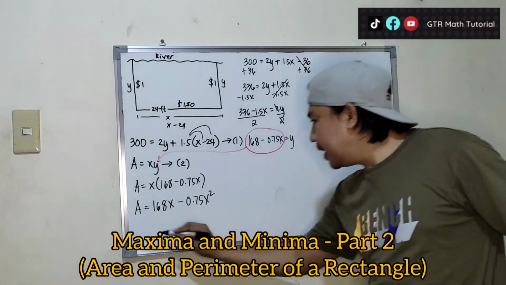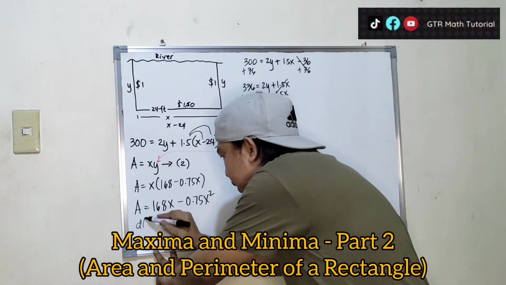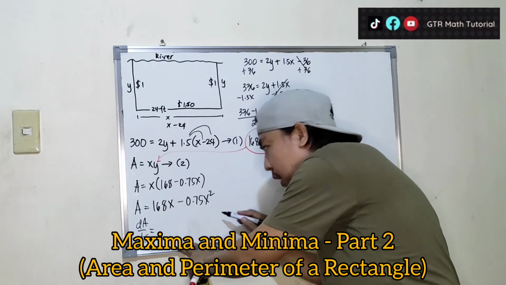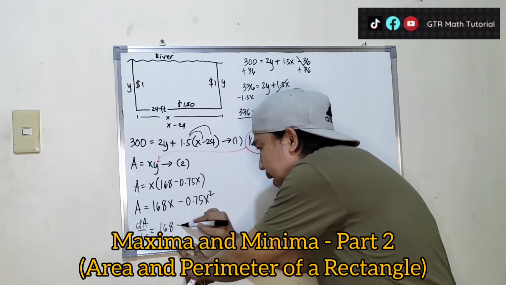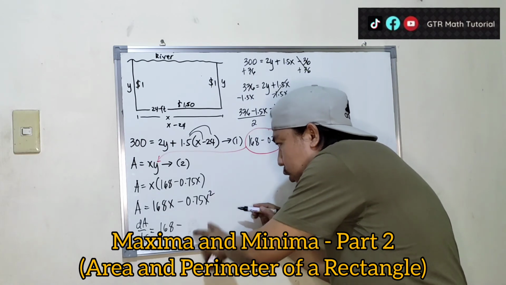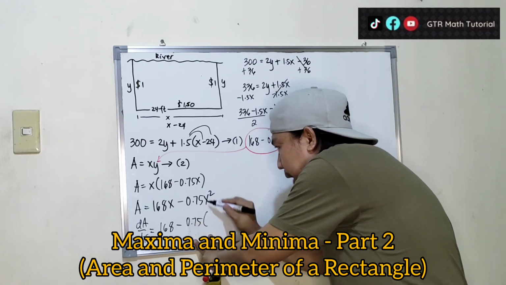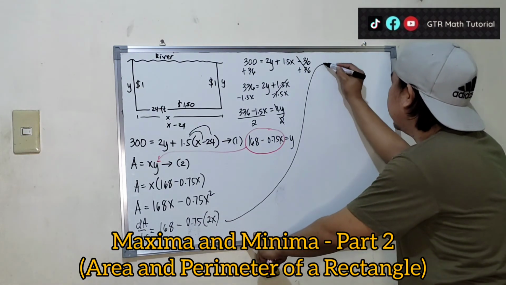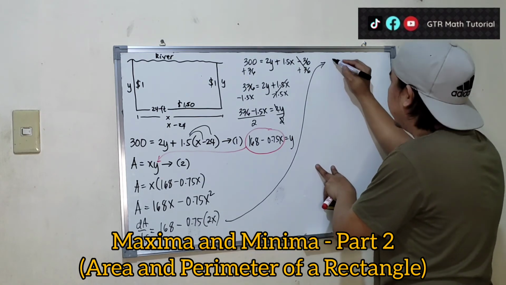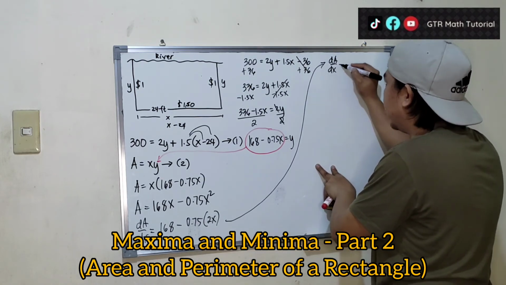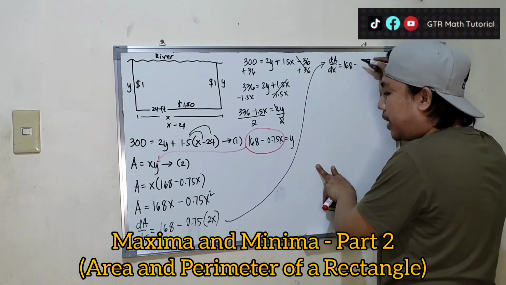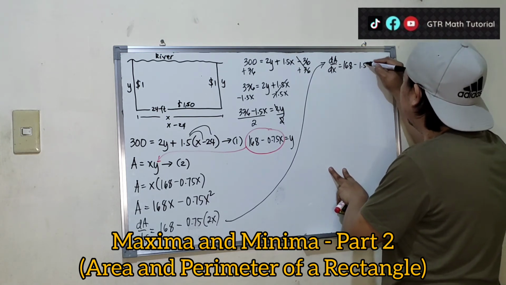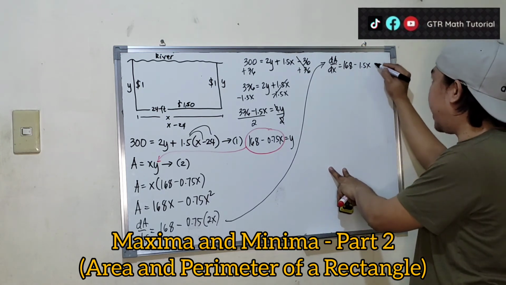Okay, so now get the derivative of this. So differentiate. So derivative of A with respect to x is equal to 168 times x. Derivative of x is 1. So therefore this is only 168 minus, so multiply 0.75 times derivative of x squared. So that is 2x. So we have derivative of A with respect to x equals 168 minus 0.75 times 2, that is 1.5x. Then solve for x, equate to 0.